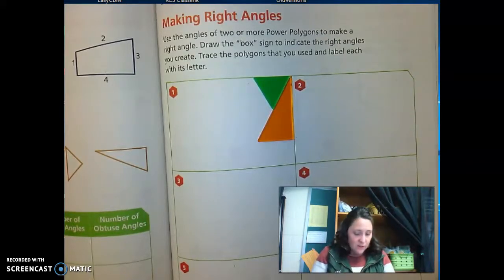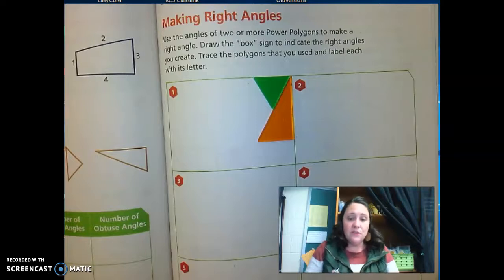You also want to be thinking about how you could use those smaller angles to figure out the measures of each of the angles that you're using to make a 90-degree or right angle. So here is an example.